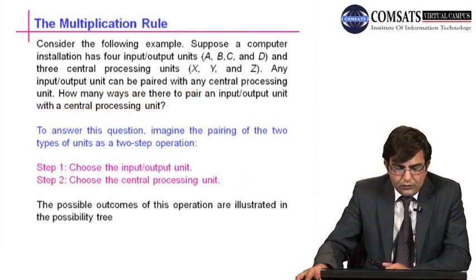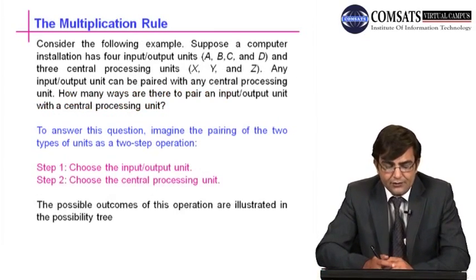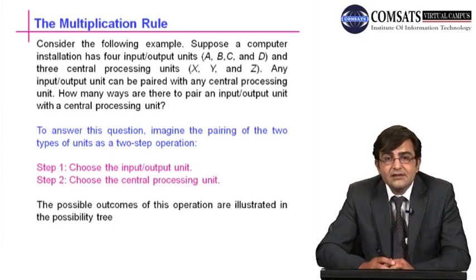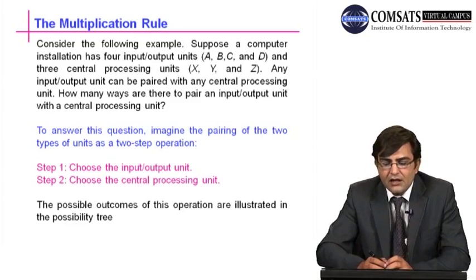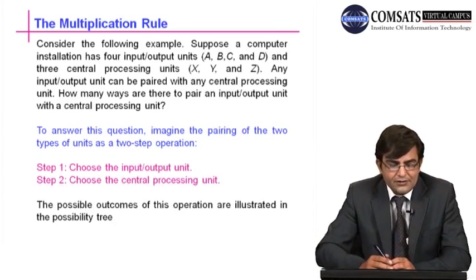So we consider another example here, of which we say the multiplication rule. I shall give you the definition of the multiplication rule after this example, but to understand what the multiplication rule is, first we discuss this example. Consider the following example. Suppose a computer installation has 4 input-output units, A, B, C and D, and 3 central processing units, X, Y and Z. So this is a very easy example for you because it is related to computer science.